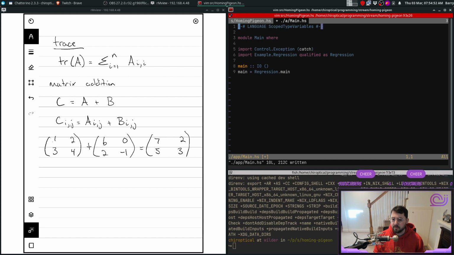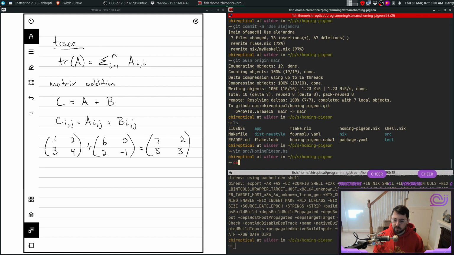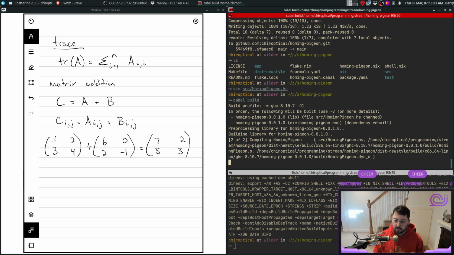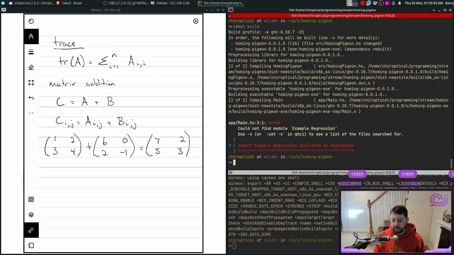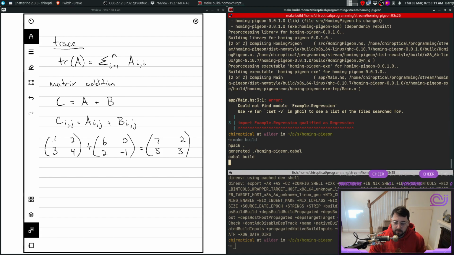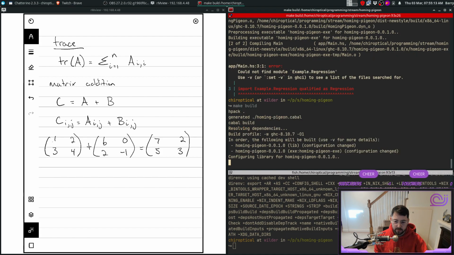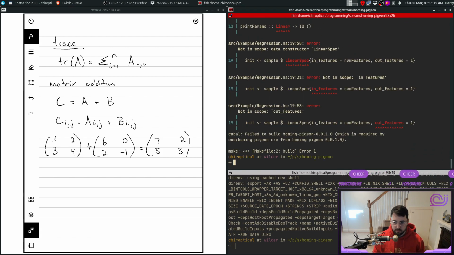We don't use this either, or this, or this. So, okay, we should still be able to COBOL build, I think. Sorry, we need to run make build because we have HPAC going. And then it should be okay.